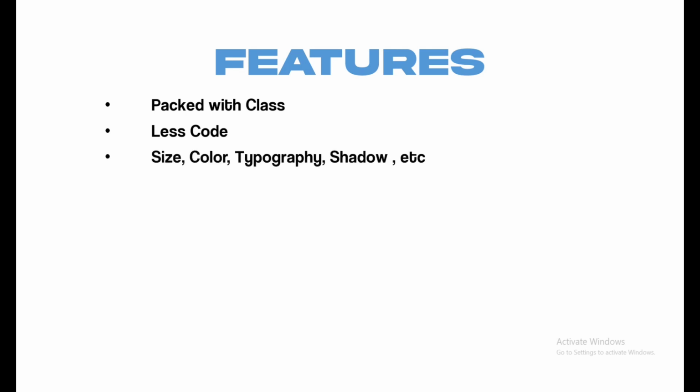Tailwind CSS features. It comes with a lot of classes. With the utility classes you can customize size, color, typography, shadows, and pseudo classes like hover and active, as well as form states and dark modes.